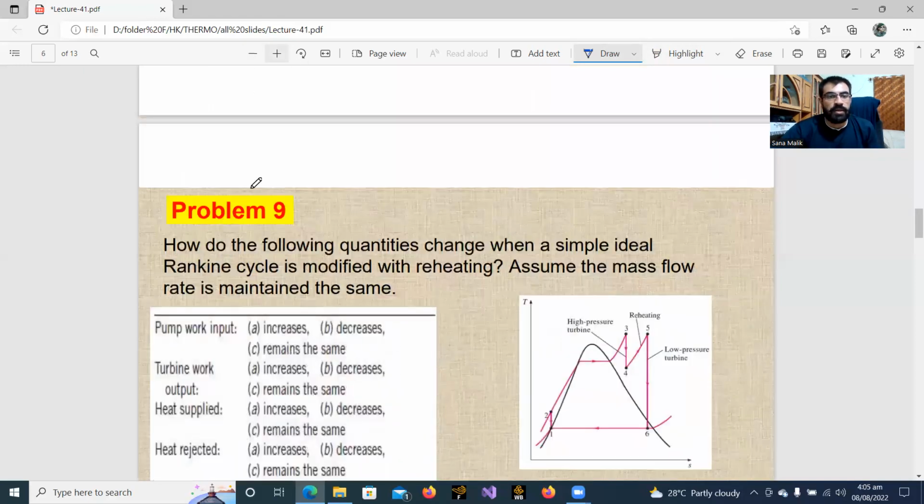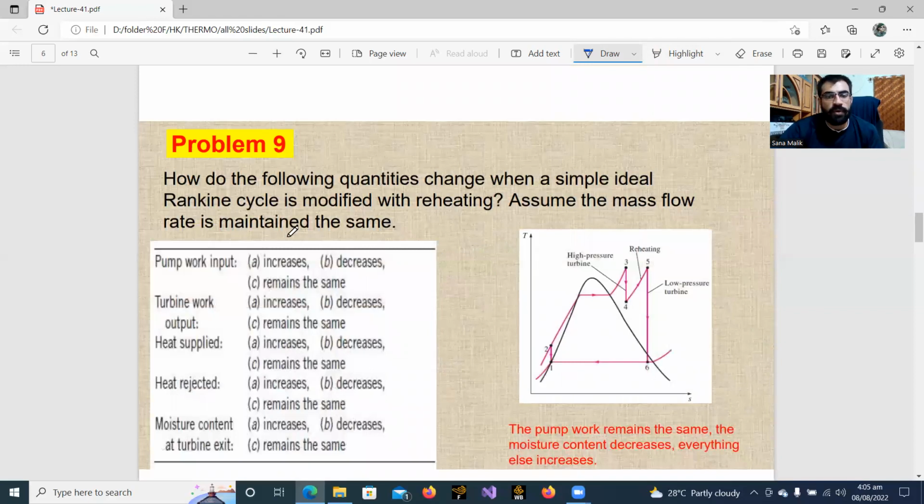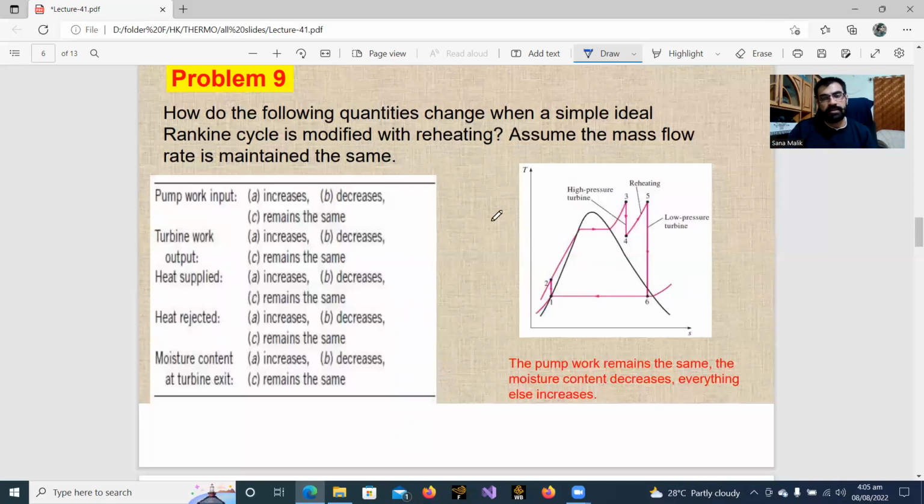Here it is asking how the following quantities change when a simple ideal Rankine cycle is modified with reheating, as your mass flow rate is maintained the same. Pump work remains the same. The moisture content decreases, so it is best.